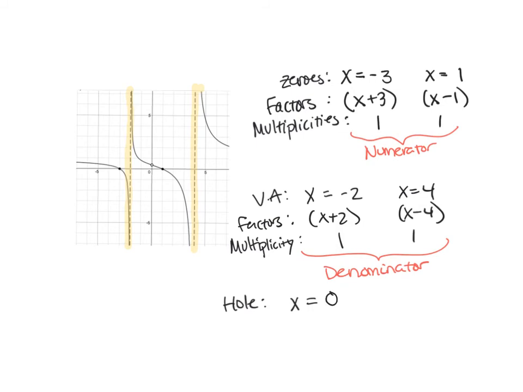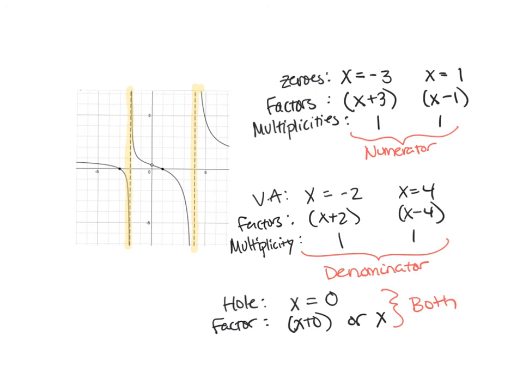And then for this, we would also find a factor. So you can subtract or add 0 on both sides. So if you want to have a factor of x plus 0 like this, you can do that. Or since it's already set equal to 0, you can just leave it as x. Now remember, this goes in both the numerator and the denominator.